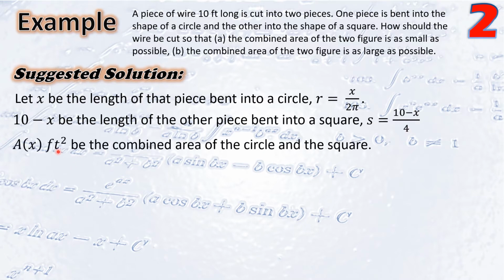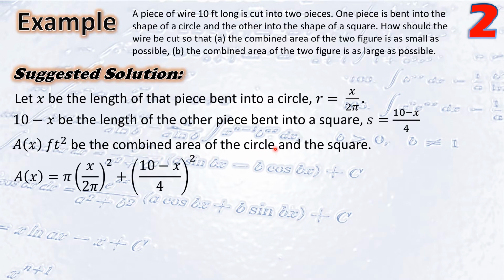Let A of x in square feet be the combined area of the circle and the square. Hence, A of x is equal to the sum of the areas of the circle and the square. For the circle, we have pi r squared. So pi times the quantity x over 2 pi squared, plus, for the square, 10 minus x over 4 squared.